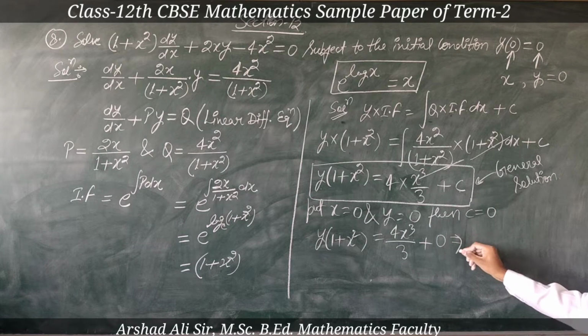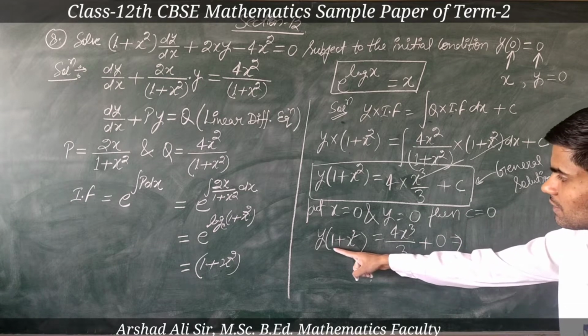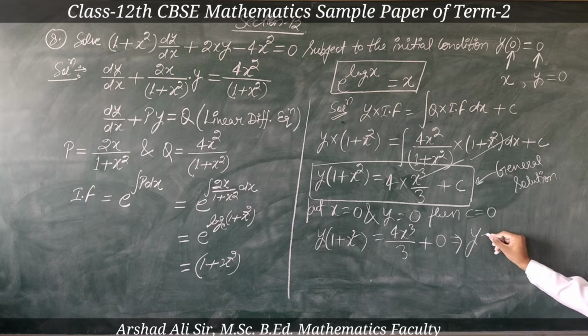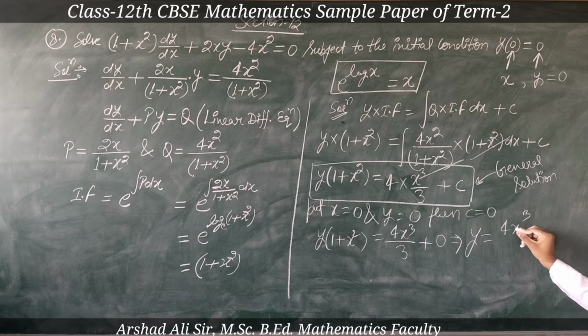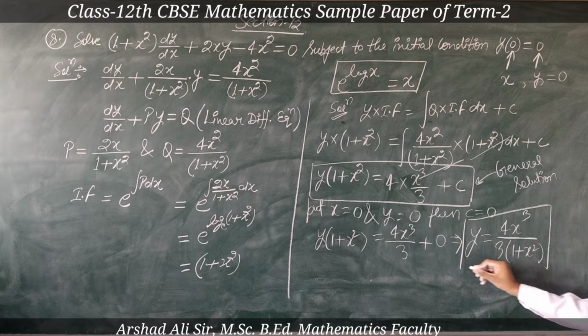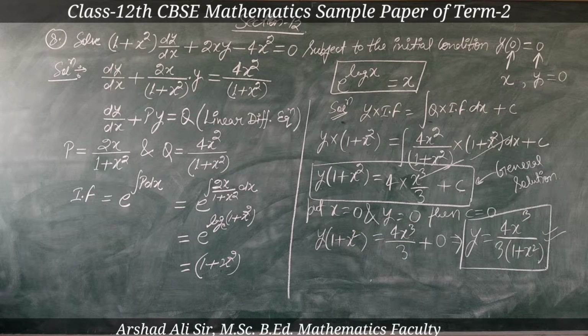We can take this 1 plus x square to the denominator on the right side. So we have y is equal to 4x cube upon 3 into 1 plus x square. Okay my dear student, it is your answer.